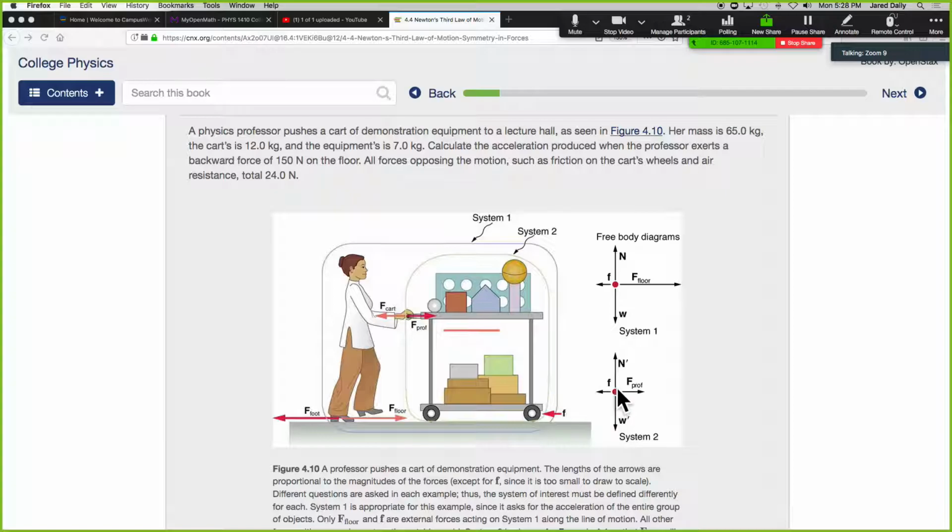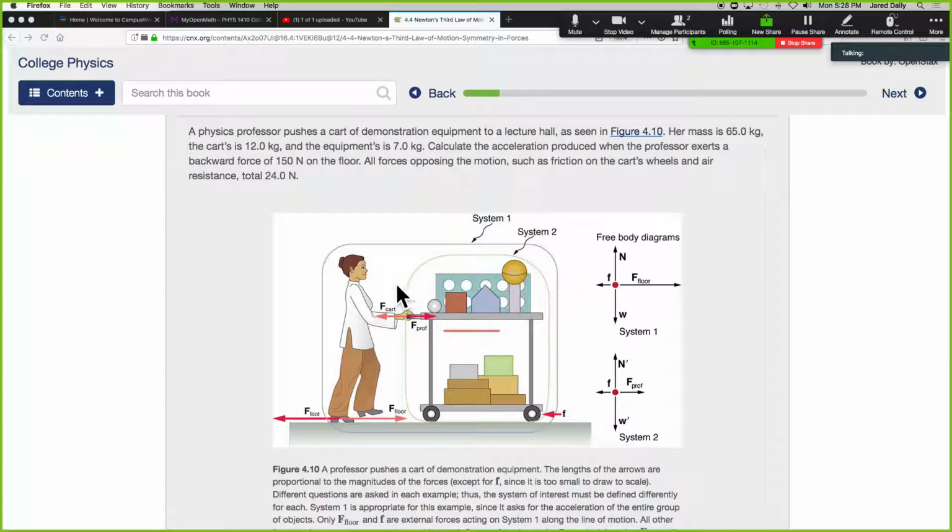It's just this one. The professor pushes here, there's friction on the cart, the normal force upward from the earth and the weight downward on the earth, and that's the system. If we consider the whole thing, the professor included, to be the system, then the professor pushes on the floor backwards, the floor pushes forward on the professor.